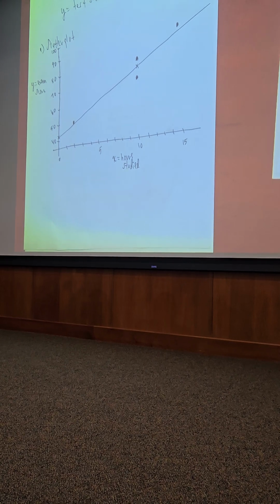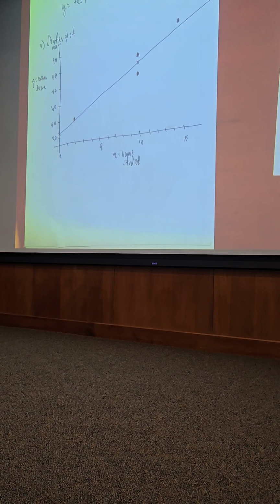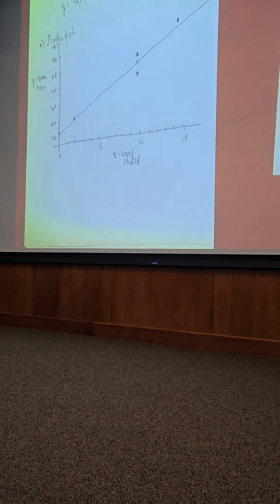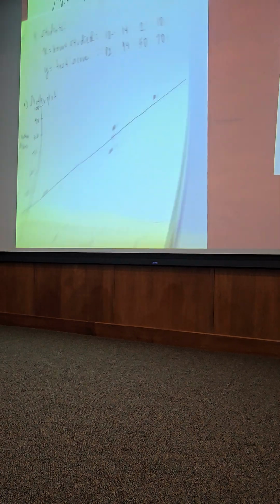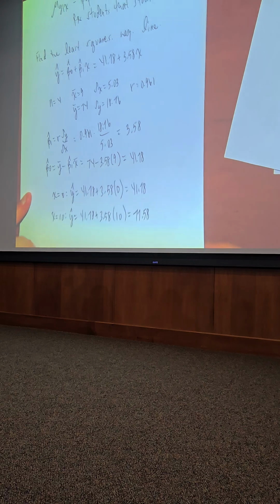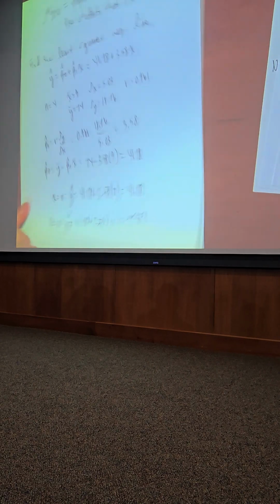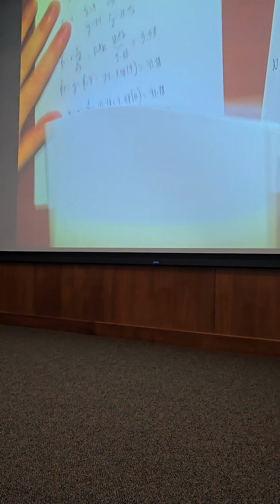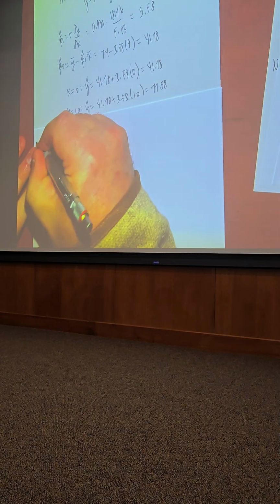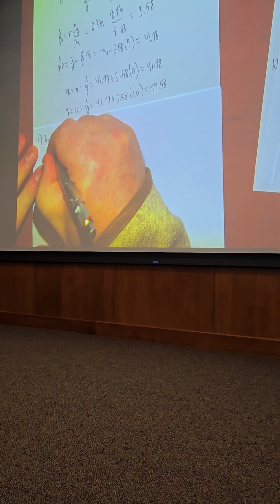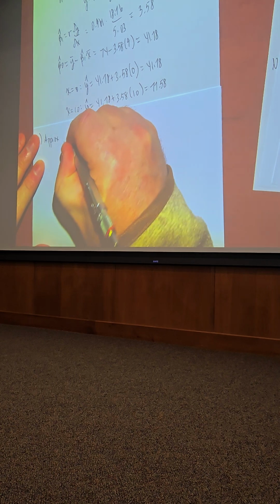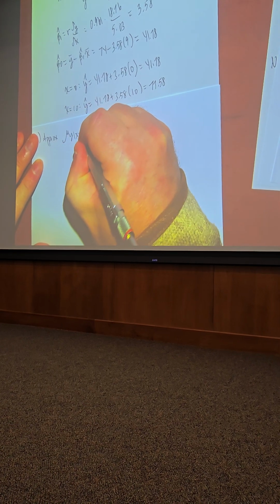Okay, now, what do we use this guy for? So part C, I think. Let's approximate mu sub y given x equals 5.